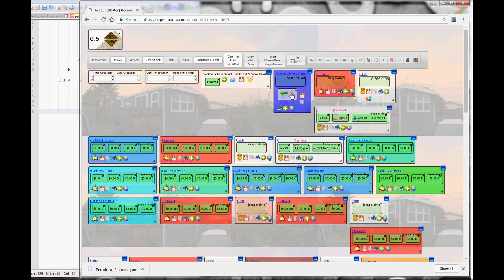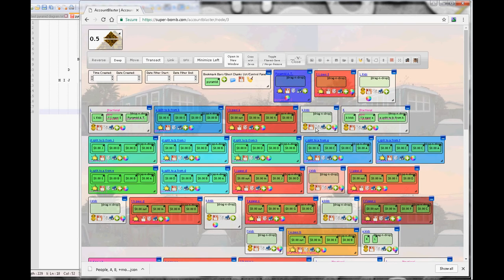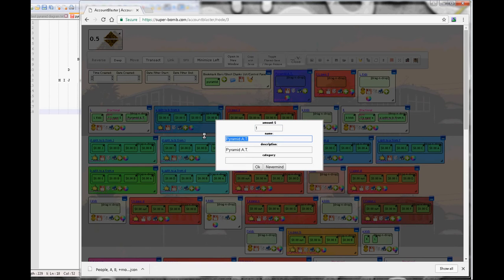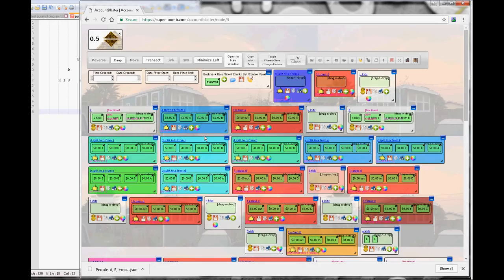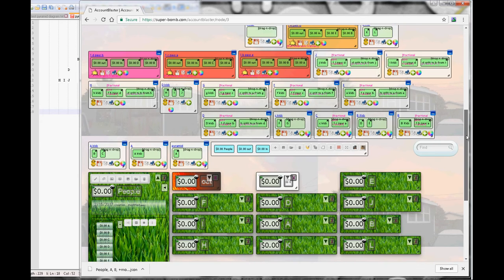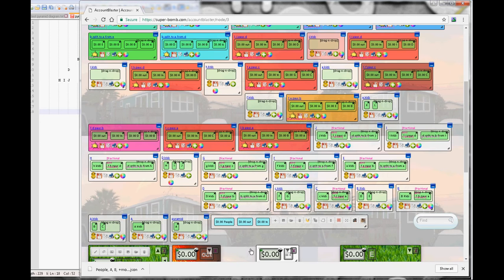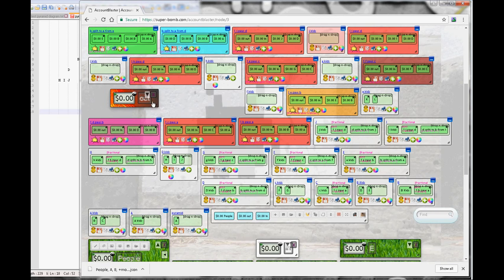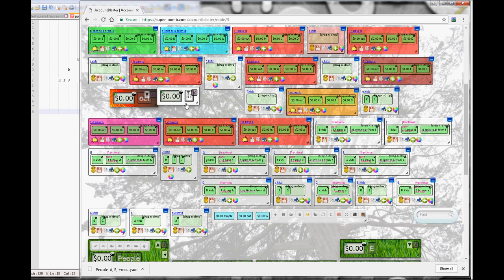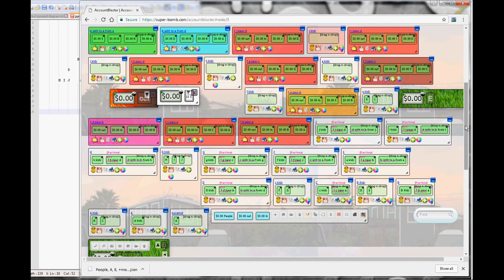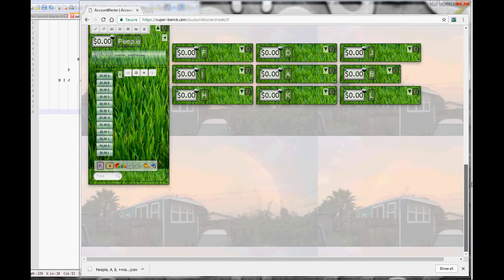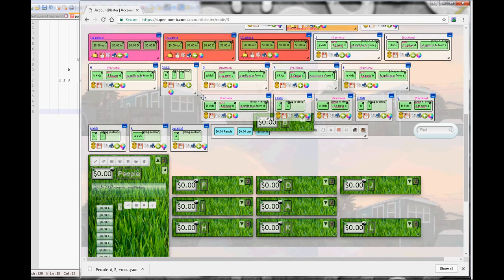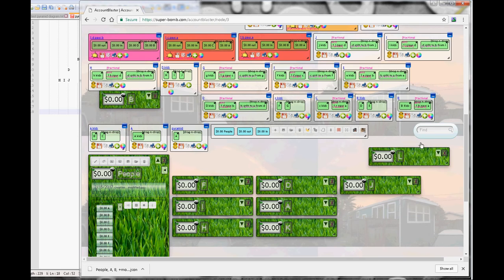E split to B from L. Alright, and then put them in there, the accounts to make it work. We're going to need out, N, E, B and L.